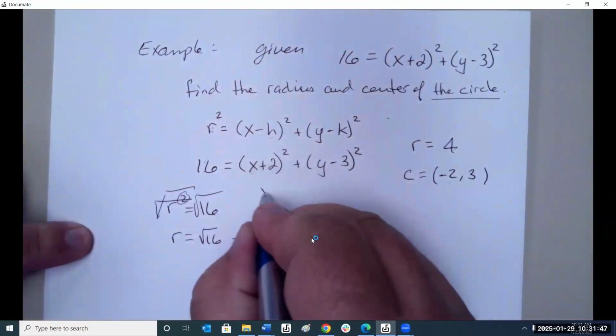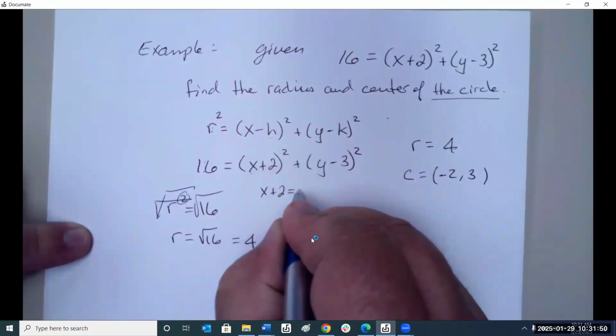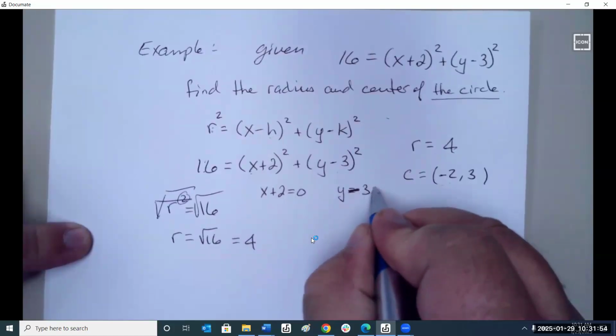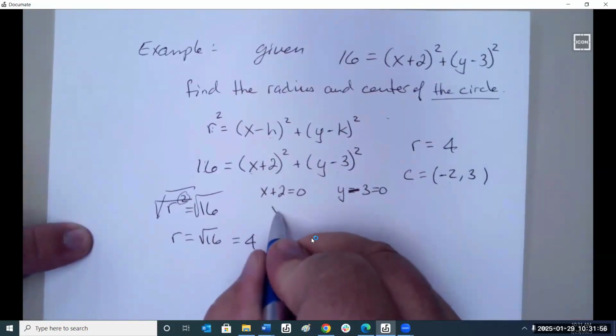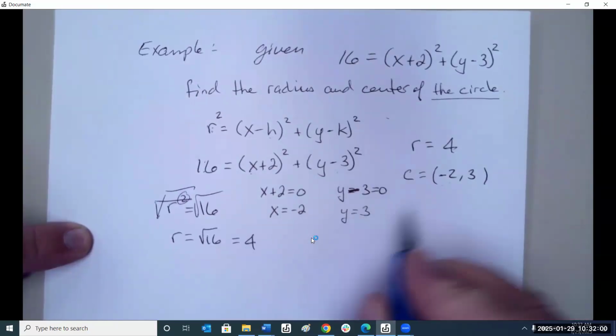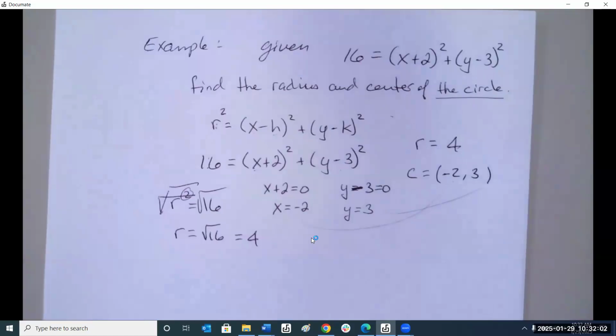If we take this equation, set it equal to 0, and we take this equation, set it equal to 0, that gives us -2 and +3. That's why whenever you solve for anything inside parentheses, it's always the opposite sign. Because we want to know how far is it from 0, 0.